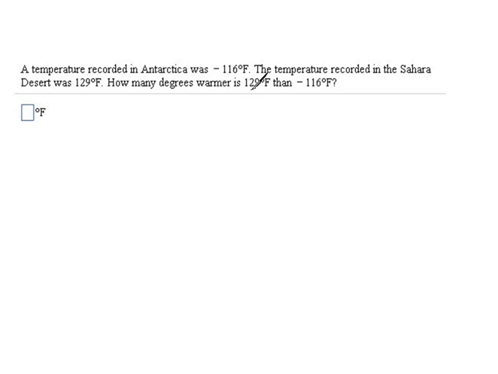If on the positive side we start out at 129 degrees and we want to find the difference between these, then we would subtract off the 116 degrees. Now by doing that, minus, or the opposite of the negative, would be the same thing as saying a positive.